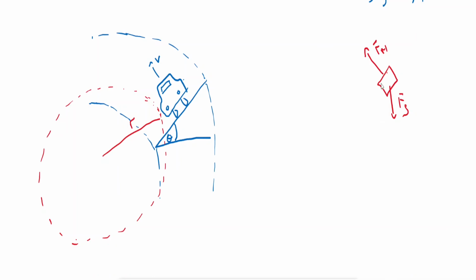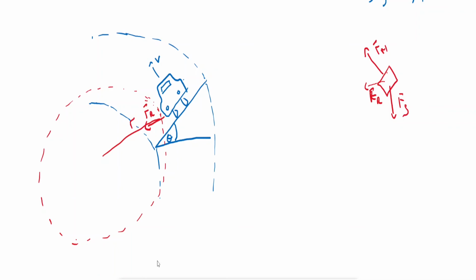You want some static friction, because your Fr is going to point that way, toward the circle. So you want to know what force is actually going to provide this Fr.